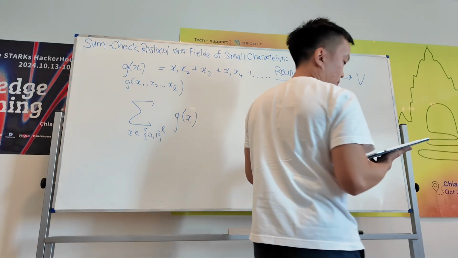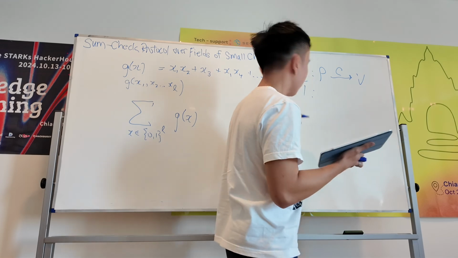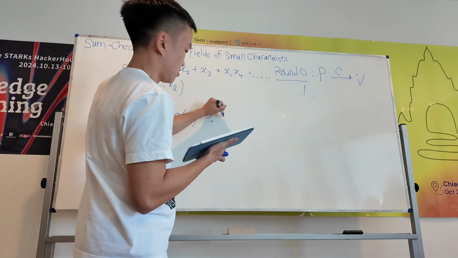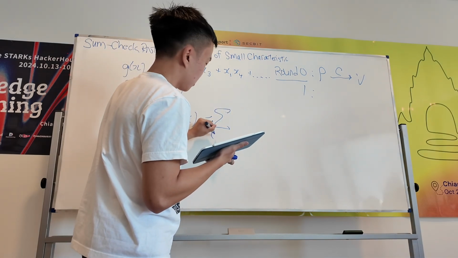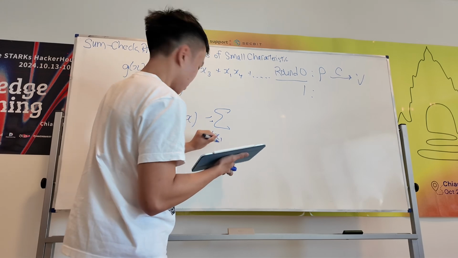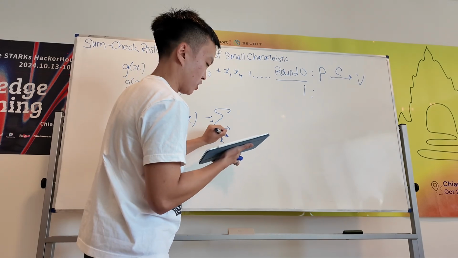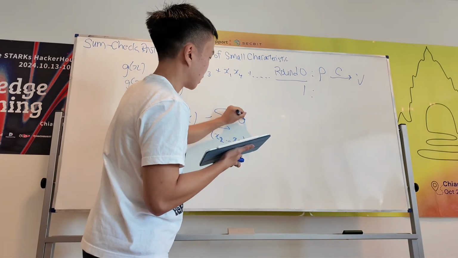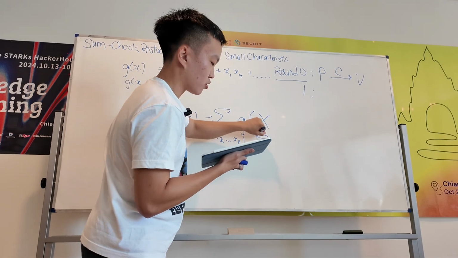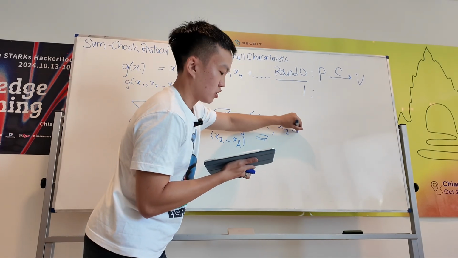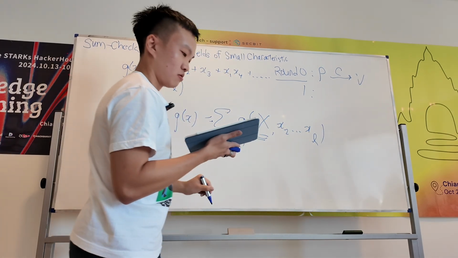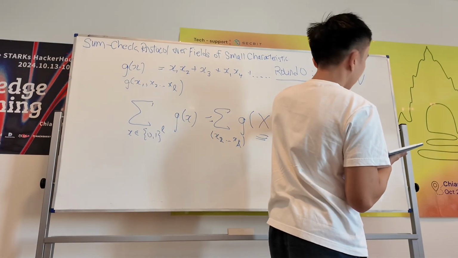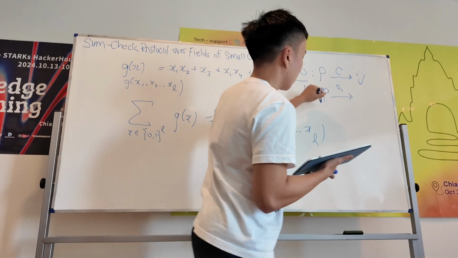So it would look something like this: we have x1 free, then x2, all the way until xL, and then this is g(x). So this is the free variable, and then we have x2 all the way until xL. What the prover sends is some polynomial s1 that claims to equal this.